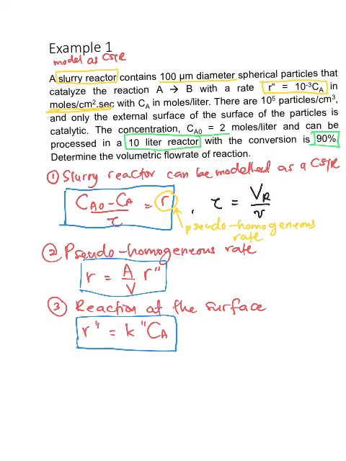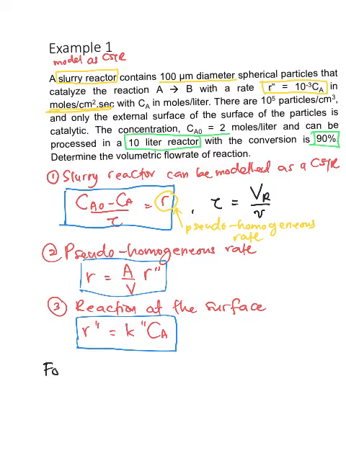Okay, so this is all the equations that we are going to solve. Then we need to determine what are the values that are given in the question and what are the values that we need to calculate by ourselves. Okay, given the diameter of one spherical catalyst is 100 micron, but overall we have 10 power of 5 catalyst particles.